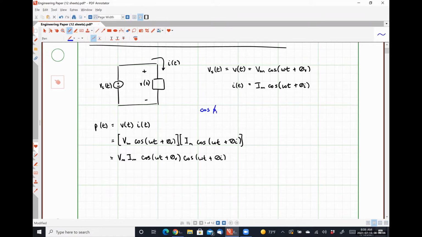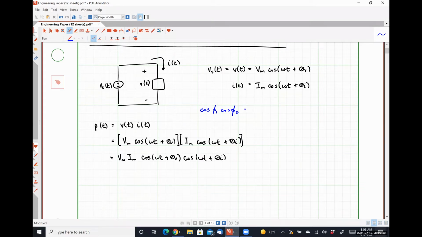Cosine phi1 times cosine phi2. Okay, so just 2 different angles where phi1 represents omega t plus theta v, because for a given point of time, that's just an angle, right? Omega times time is giving us an angle to which we are adding a phase angle. So I can represent all of that as phi1, and then omega t plus theta I becomes phi2.